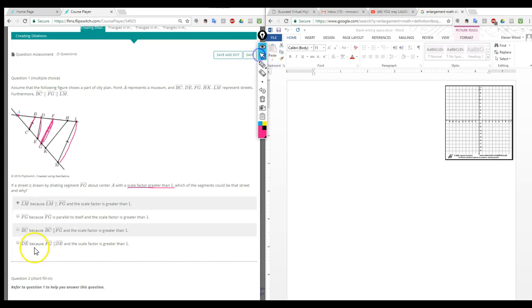So the solution for this one would be segment LM, because it's greater than it and it is parallel to FG.